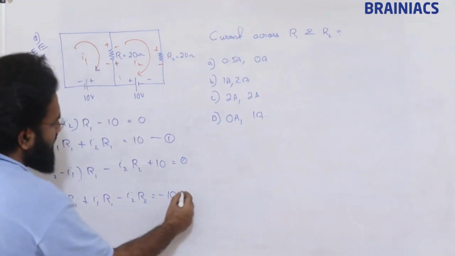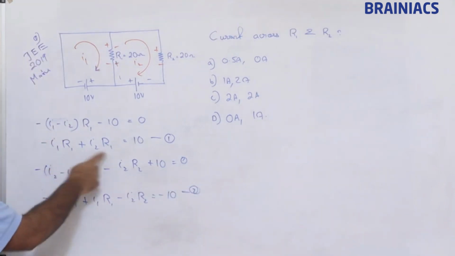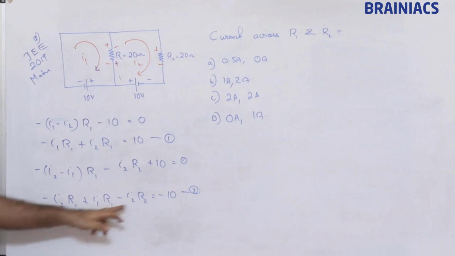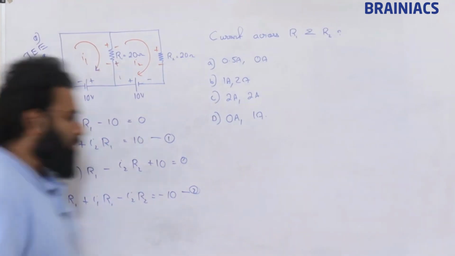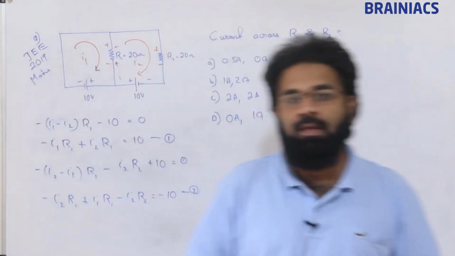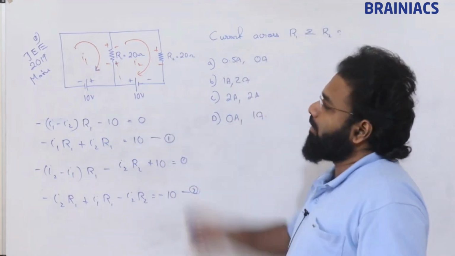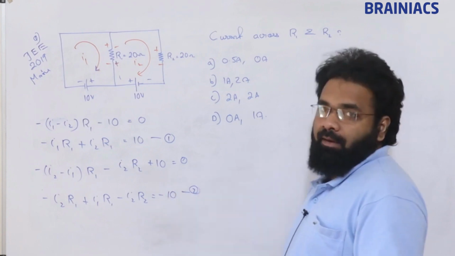Clear? Likewise, we can form two equations. We know the R1 and R2 values, so we can substitute them. The only unknowns are I1 and I2. Solve this and you will get the answer. This is the direct method. Get the answer and make it ready.